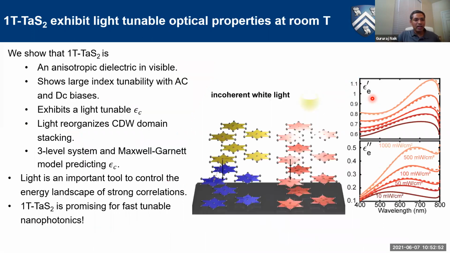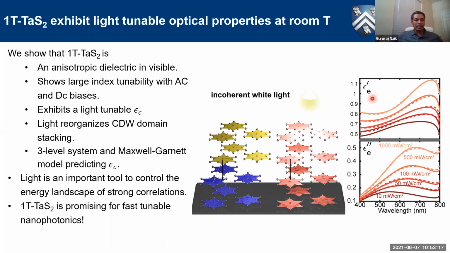And with that, I would like to sum up this part of my talk, where hopefully I have convinced you that tantalum disulfide and many such quantum materials are extremely promising for tunable optical devices or even optical sensors, only because we now have response from this material not coming from single particles, but actually a phase transition that happens because of collective response.